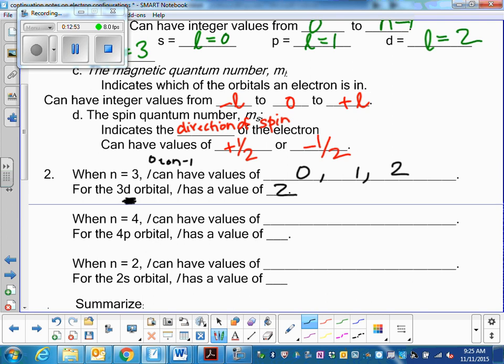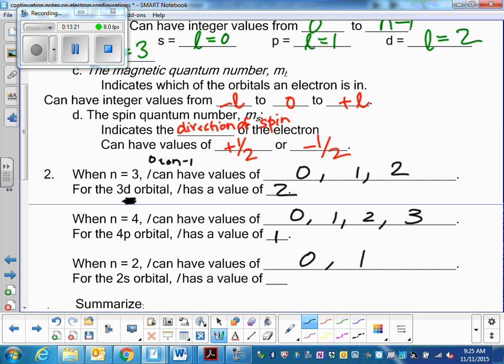When n equals 4, what are the possible values of L? 0, 1, 2, 3. If it is a p orbital, what is the value of L? This is 1, as p is 1. If n equals 2, what are the values of L? 0 and 1.